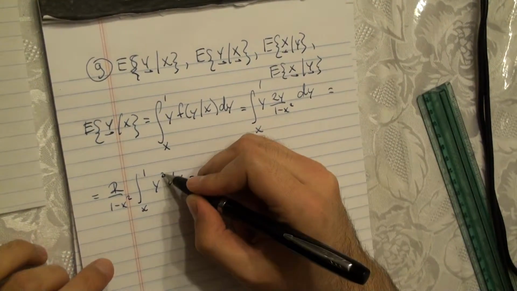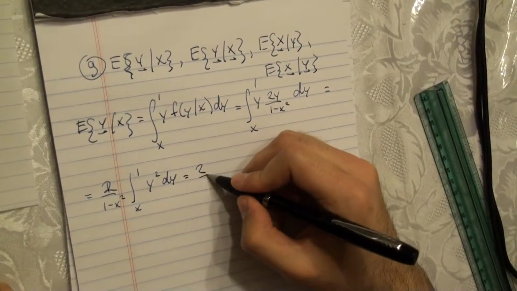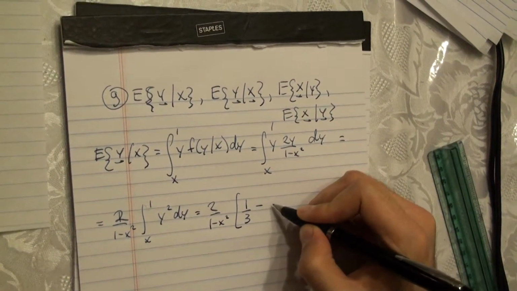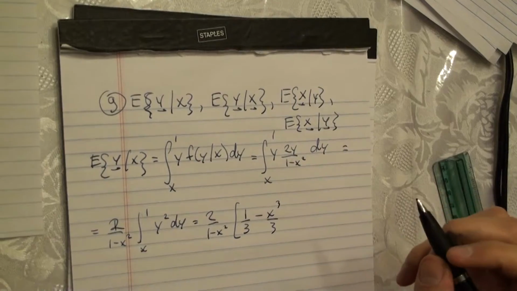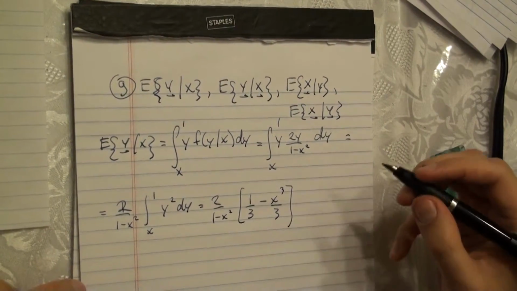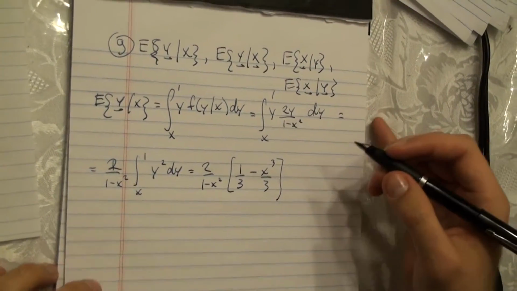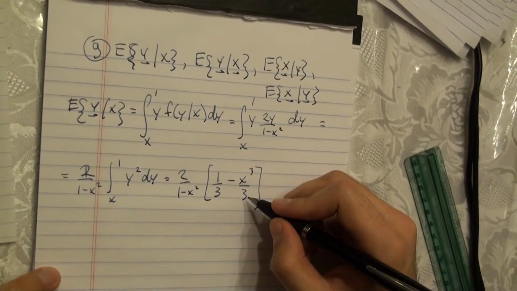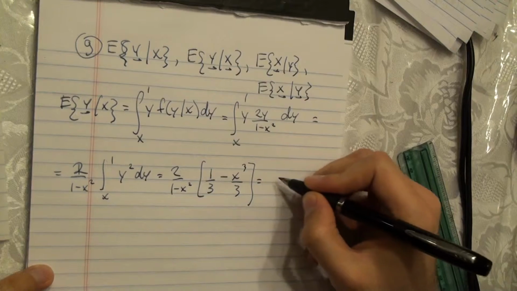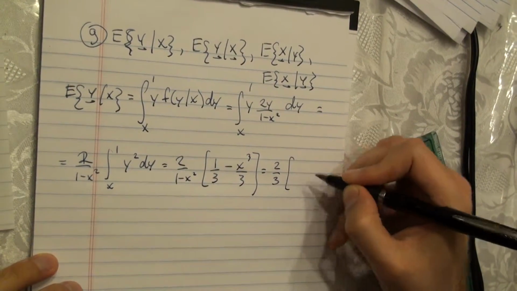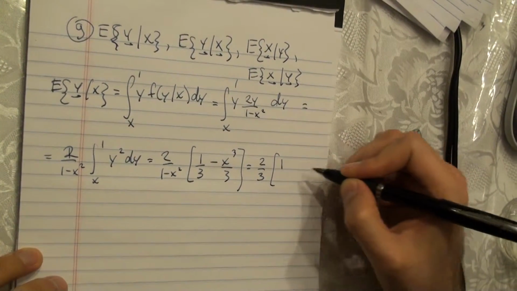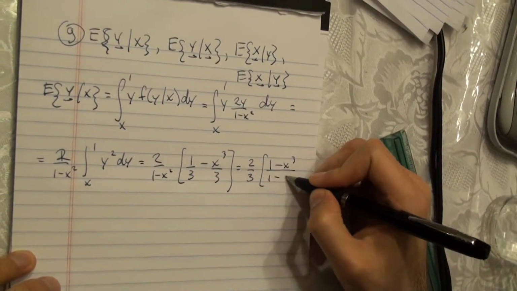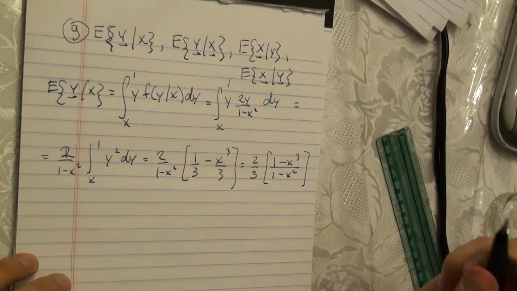So what's that going to become? y cubed over 3. So we have our constant here. And we're going to have 1 over 3 minus x cubed over 3. And what is that going to become? So we can take out the 3. So we have 2 over 3. And inside here, because they're both under the same denominator, we can put 1 minus x cubed.